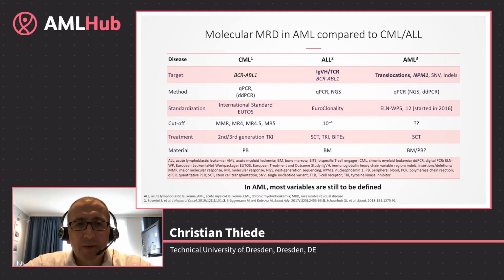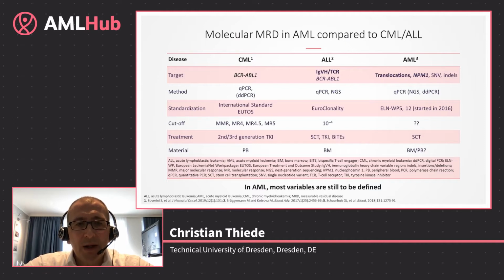And this drove further the idea that we need cutoffs which can be used for clinical intervention, which is, for example, the major molecular remission, or MMR, the MR4 and MR4.5 now for treatment-free remissions in CML. We have the 10 to the minus 4 cutoff for more intensive treatment in ALL. And we have also new treatments which can be applied.